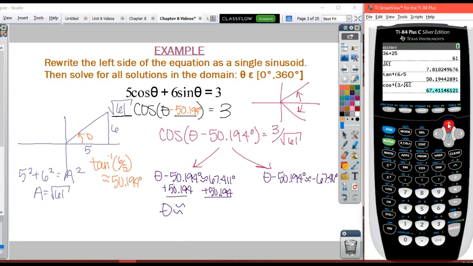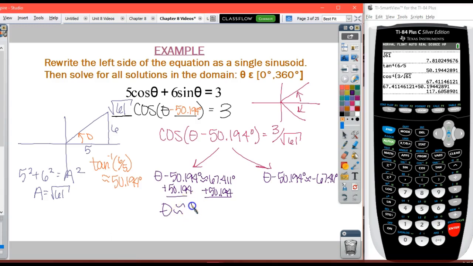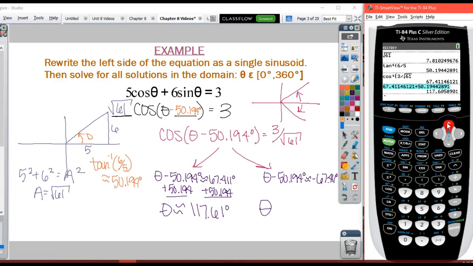So I would recommend using the entire answer in your calculator. So plus the 50.194, I end up getting about 117.61 degrees. Same thing over here, but now I'm going to take the negative of that 67 degree angle and add the 50 degree angle to it.